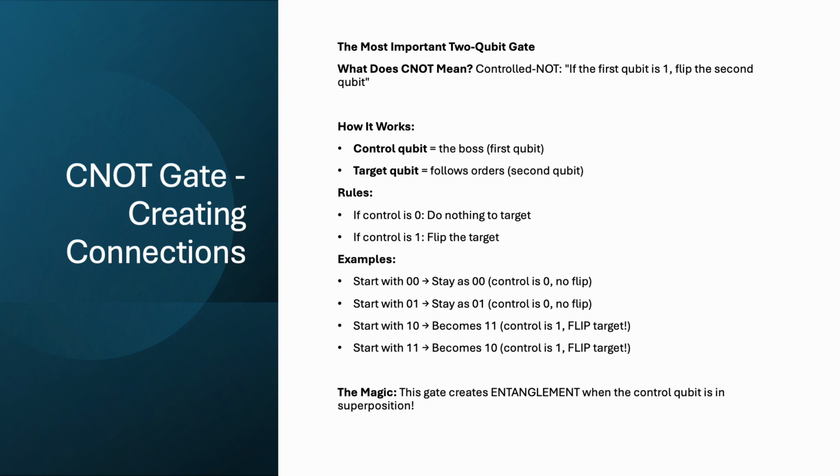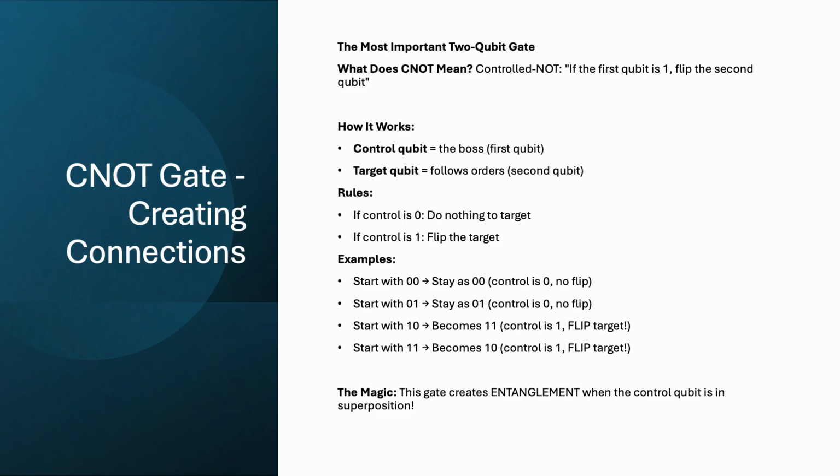Let's work through some examples to see how CNOT works. Suppose both qubits start in state 0, giving us a combined state 0,0. The control qubit is 0, so CNOT does nothing. We stay in state 0,0. Now suppose the first qubit is 0 and the second is 1, giving us the state 0,1. Again, the control is 0, so nothing happens and we stay in 0,1.